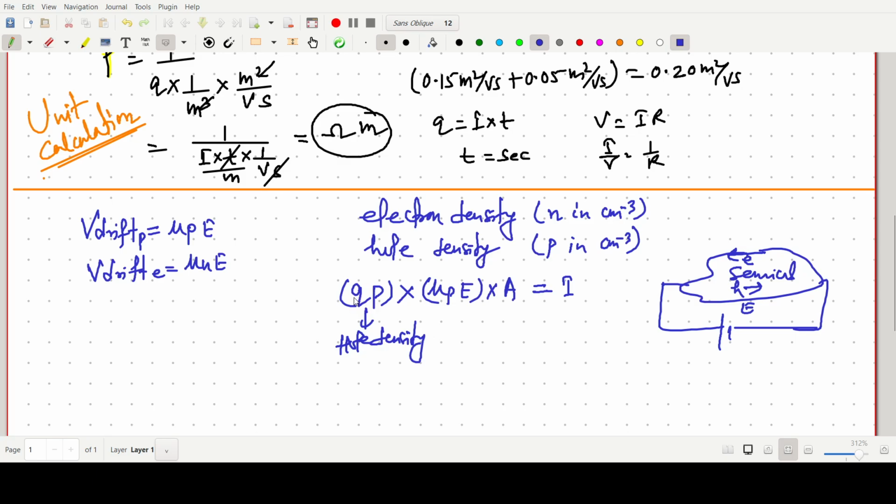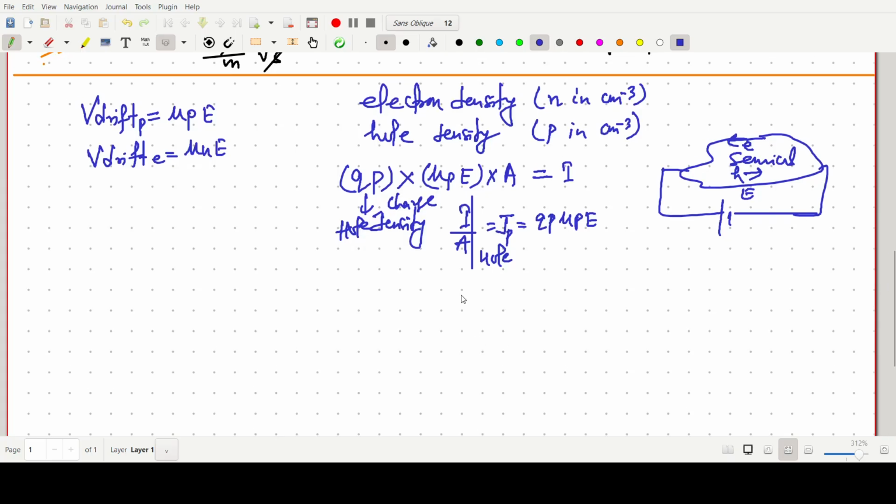Then qp is the positive charge density, the hole charge density, times mu p e into a. So if we find I by a, that is our current density, it is qp mu p e. This one is for the hole, Jp we can write. Similarly, I will also give the detailed theory for the electron.